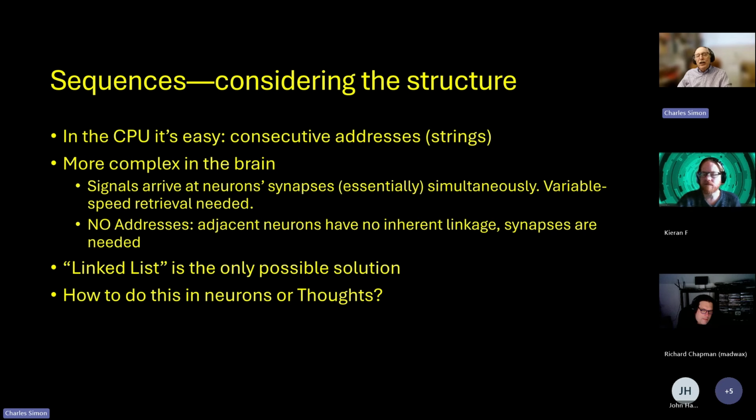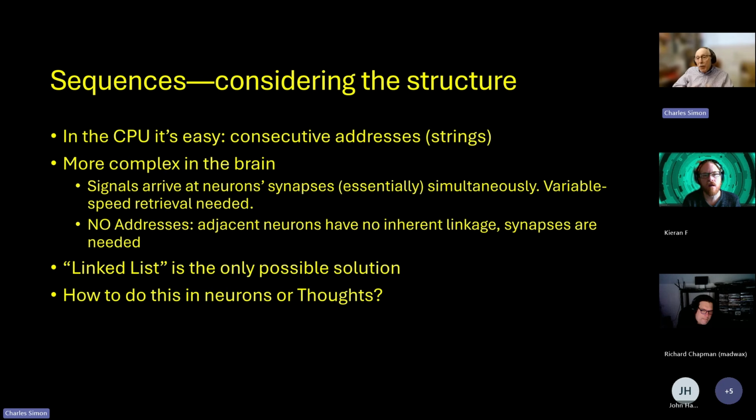They have to have the synapse, and the synapse is the link. And so for those of you who have taken Computer Science 101, a linked list is the only possible solution your brain can use.